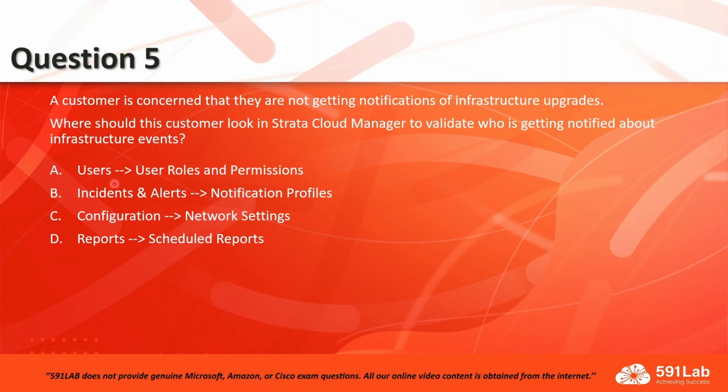A, user tab user roles and permissions, or B, incident and alerts tab notification profile, or C, configurations tab network settings, or D, reports tab schedule report. Which option to answer these questions, we can find out in the dashboard on the next slide.